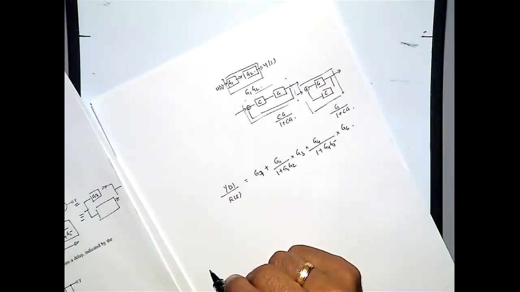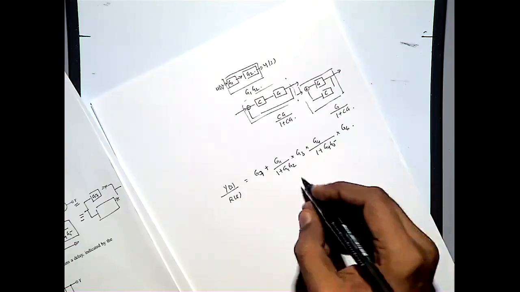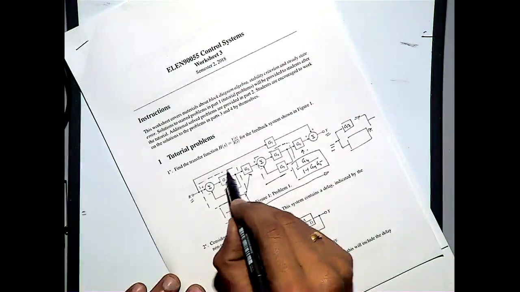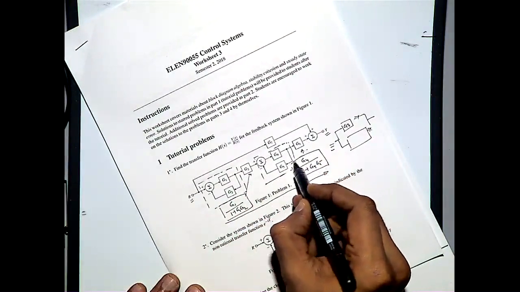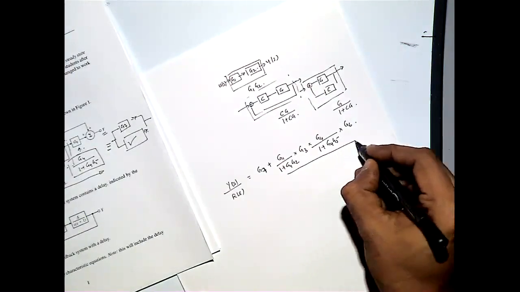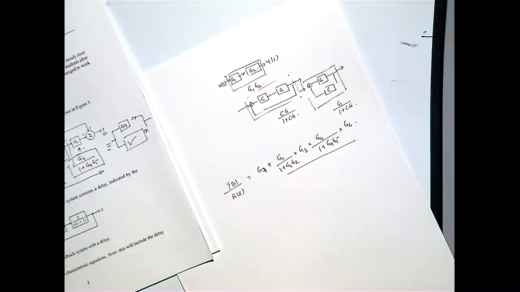Is that clear? So why do I do that? Because I first find the equivalent transfer function flow of this one, which I put here, which is this term in my solution.